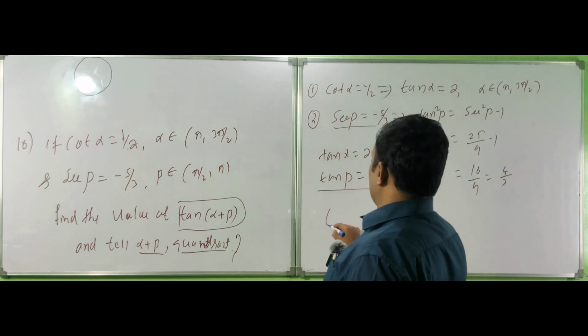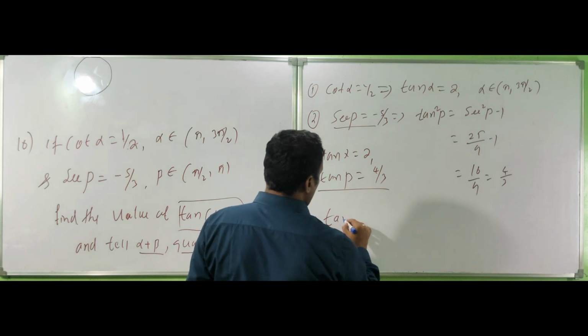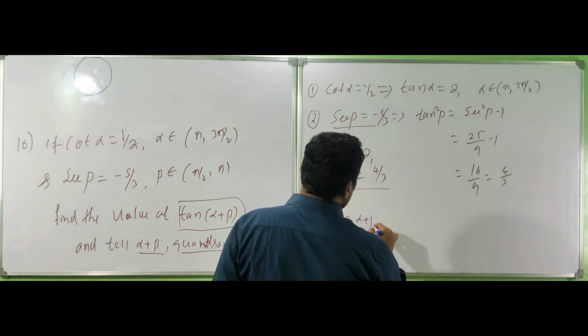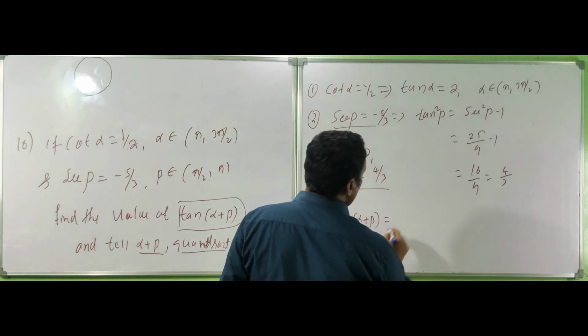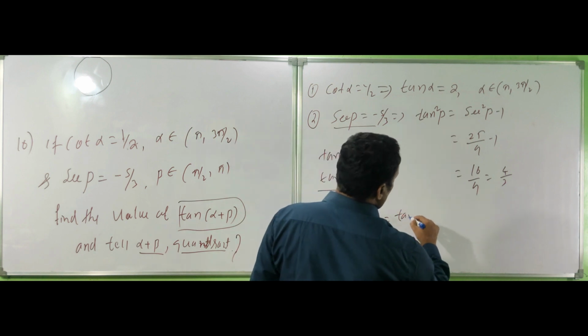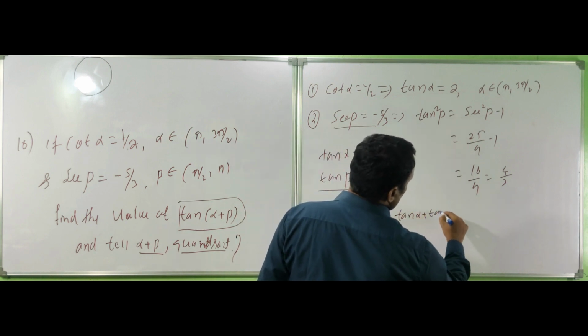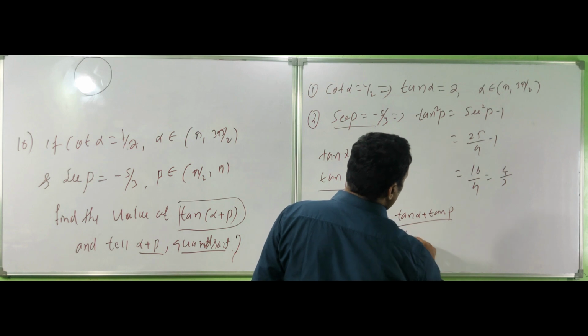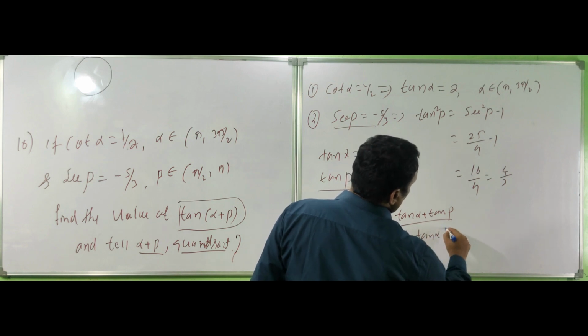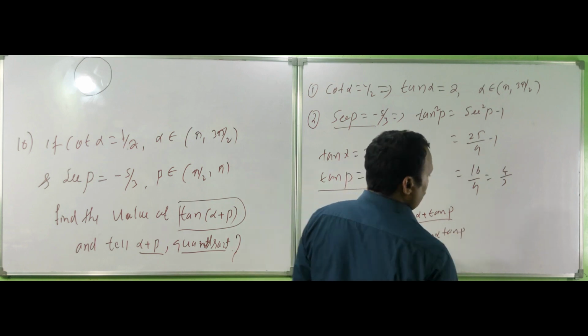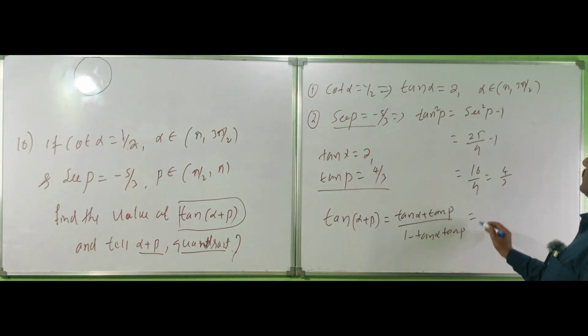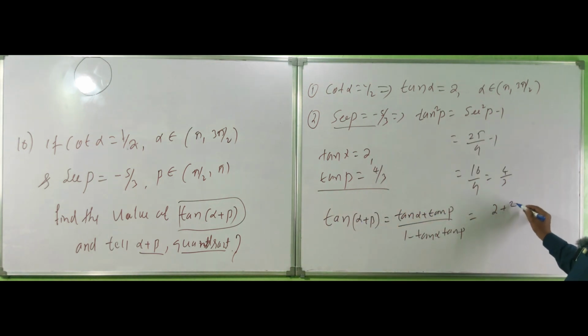Then tan of alpha plus beta is equal to, you know the formula, tan alpha plus tan beta divided by 1 minus tan alpha tan beta. Let's put the values. Okay, 2 plus 4 by 3 over 1 minus 2 into 4 by 3.